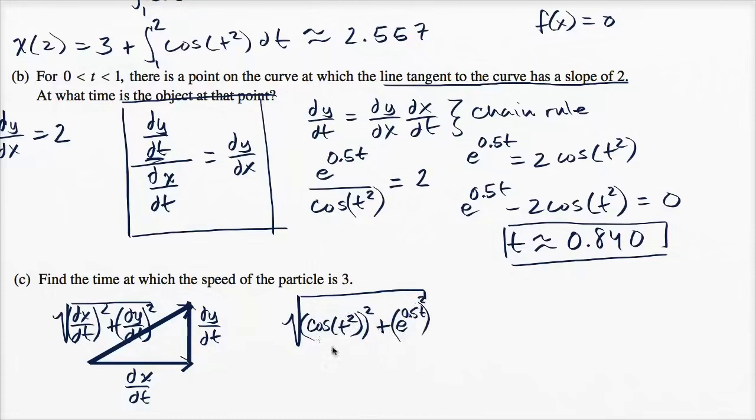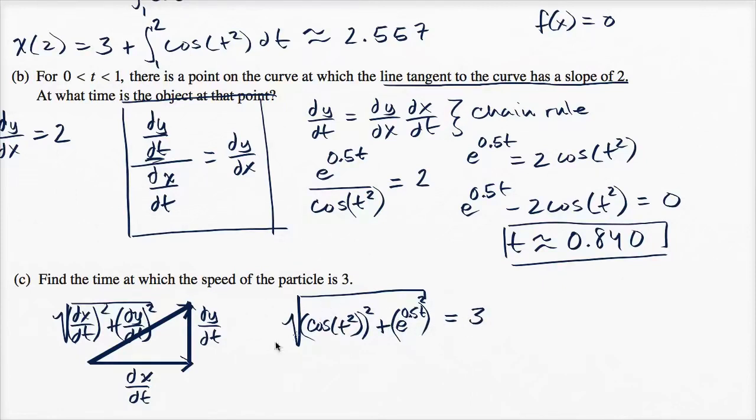And we just have to figure out when this thing equals 3. There are a couple of ways we could do this. We could just subtract 3 from both sides and input this into our solver, or we could begin to simplify this a little bit.